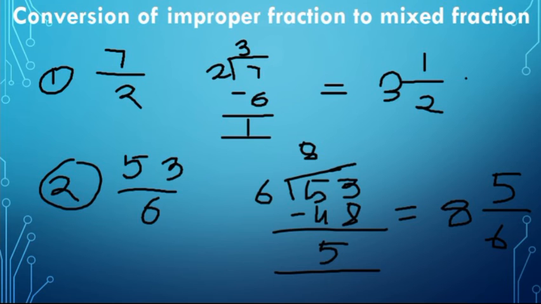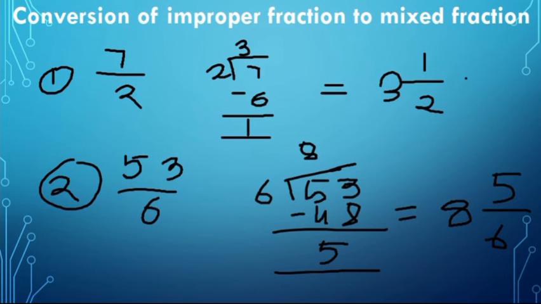So 2 1s are 2, 2 2s are 4, 2 3s are 6. So 6 is closer to 7, right? So 6, and when I subtract, I am getting 1. So you will write it like this: the quotient in the integral part, the remainder in the numerator, and the denominator remains the same. So in the answer I am getting 3 1 by 2.